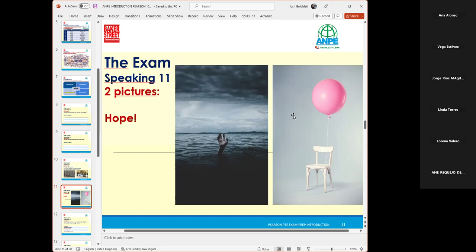Absolutely brilliant. And then the second one, look, there's a small white chair. Is it plastic? Is it metal? No, it's wood. Okay, so it's a small white wooden chair. And it has a big pink balloon which has a string, which is attached or tied to the chair.